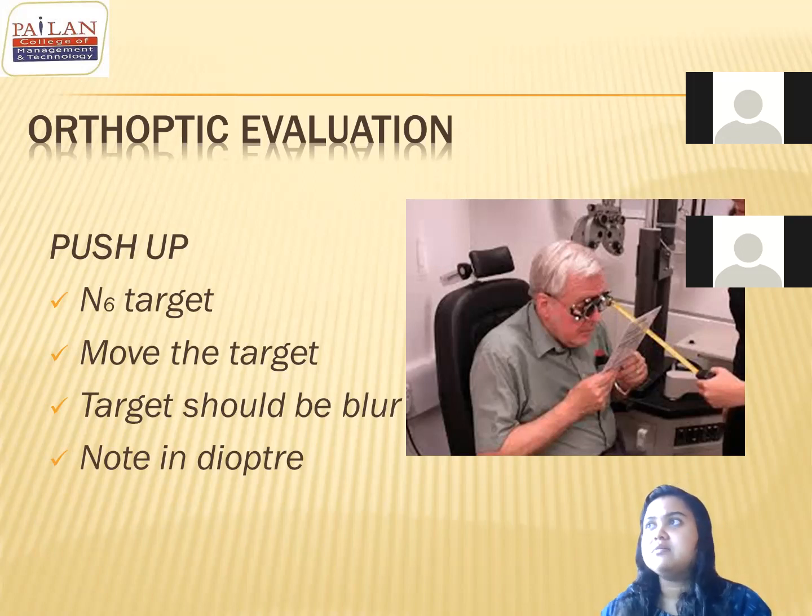Maybe the patient had 6/6 without glasses, and once you do retinoscopy you get plus 0.75 diopter. Once you prescribe that, with some effort he reads 6/6, and N6 has now become clear, right? So that is maybe the latent hypermetropia the patient had. As it was not corrected, that was the reason he had a near vision problem.